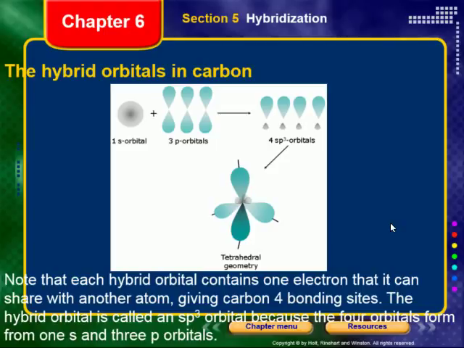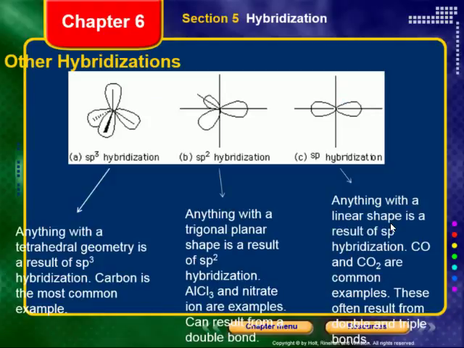So when I say sp3, the superscript 1 on the s is assumed because the s is there. But the superscript 3 after the p indicates that there are 3 of them, 3 of them were put into the mix. If there were only 2, we would call that sp2. So let's take a look at that.